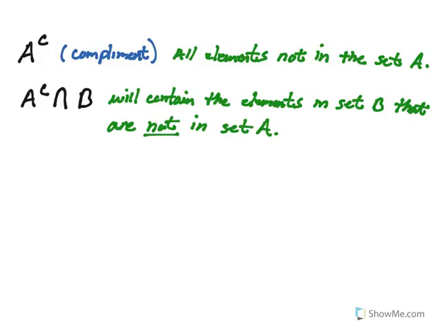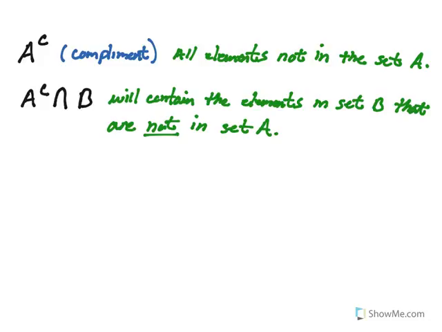I know the notation and the wording can be a little overwhelming. I totally understand that. Sometimes I even have to think and say, okay, wait a minute, what is this? And then gather my thoughts and then process it. But I think the Venn diagram is an excellent way of visually representing what's going on.